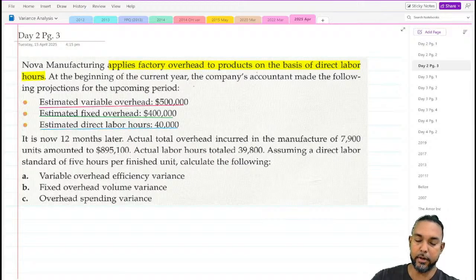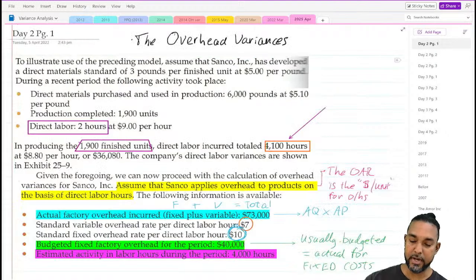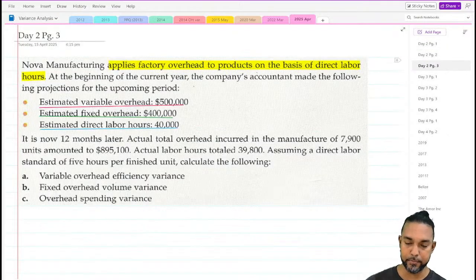From each of those we could actually work out the OAR for each one, because remember in the previous question, we had a separate OAR for variable and fixed. So let's do that now.